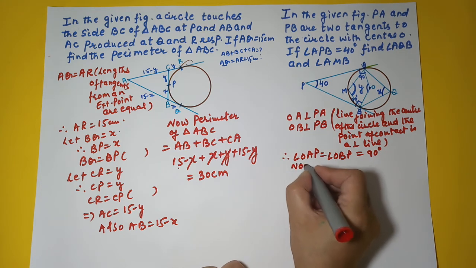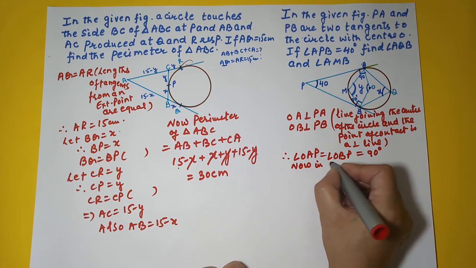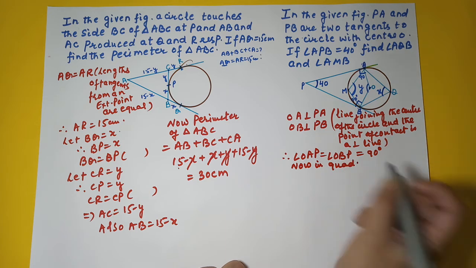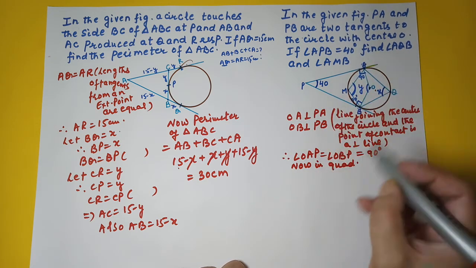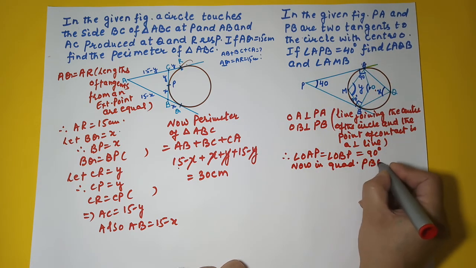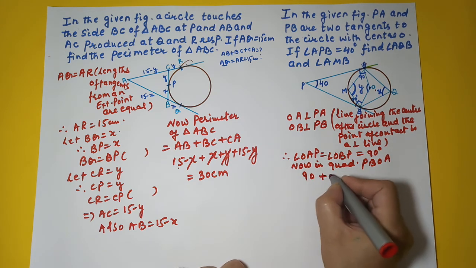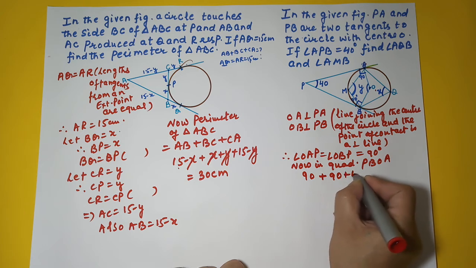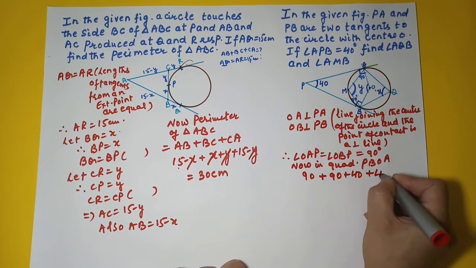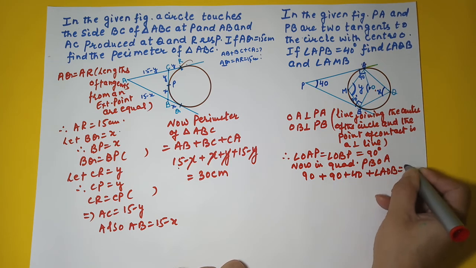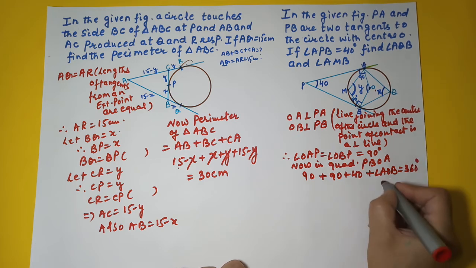So now in quadrilateral, which quadrilateral? PBOA. PBOA, 90 plus 90 plus 40 plus angle AOB is equal to 360. Reason?